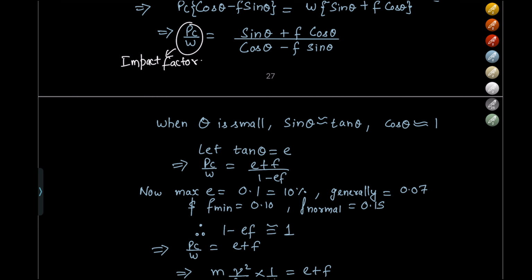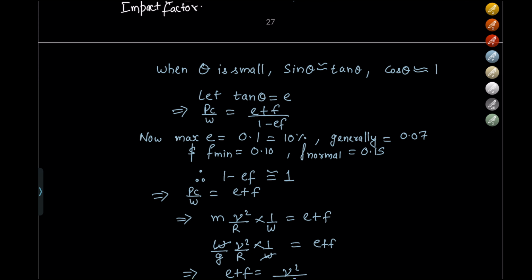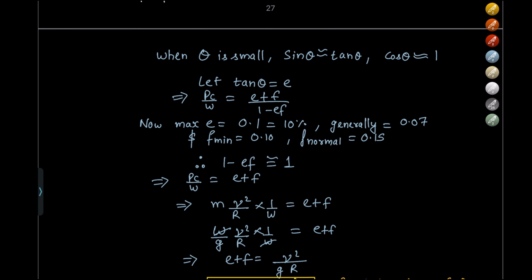For one thing, we need to understand that the maximum value of E is 10%, and generally it is taken as 0.07, and the minimum value of F would be 0.10, and normally it is taken as 0.15. So 1 minus EF approximately comes out to be 1, which can also be checked in the calculator. It will approximately come out to be 1. So PC upon W is equal to E plus F.